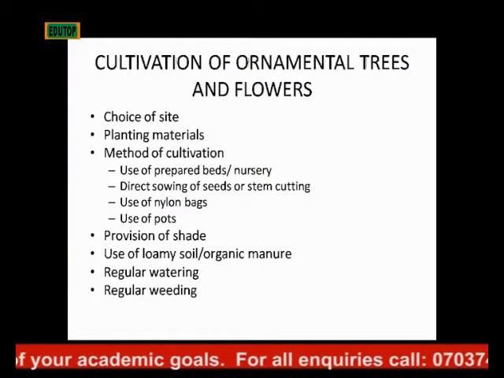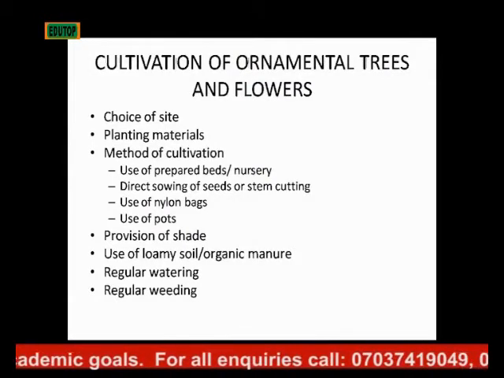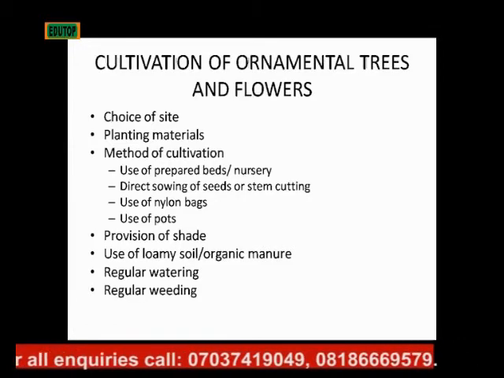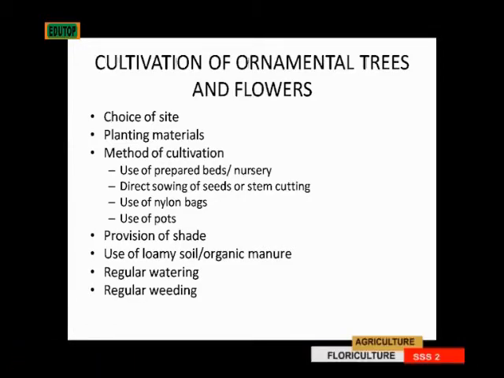Then provision of shade, at least when the plants are still young, so that the sun does not just scorch it and kill it. So you just get something to cover it. Most times those nurseries are prepared under trees, so the trees provide shade for the flowers.